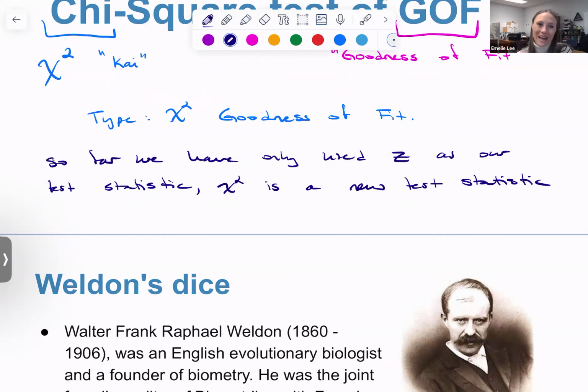And so now we're moving through. We started with and introduced all these concepts with one sample proportion. And then we said, okay, what if I have 2 sample proportions and I want to compare the two? And then now, what if I have 3 or more? Luckily, we can lump them all into one.